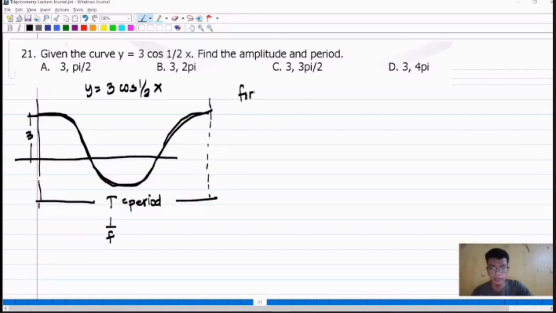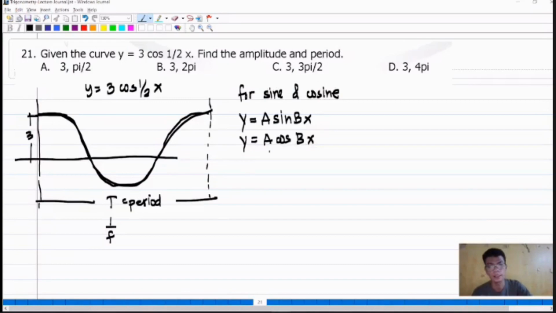For sine and cosine, mayroong general equation na y is equal to a sine bx, and kapag cosine naman, y is equal to a cosine bx.